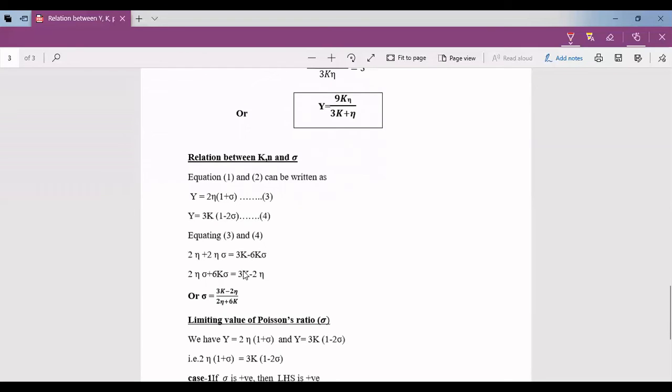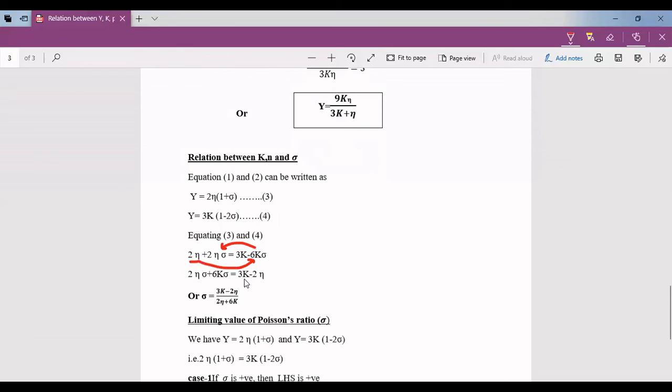Now you take the sigma terms on one side and all other terms to the right side. So 2 eta sigma plus 6K sigma, since the minus sign becomes plus as you take it to the left side, is equal to 3K as it is on the right side, and 2 eta you take to the left side, and when it comes to the right side it becomes negative.